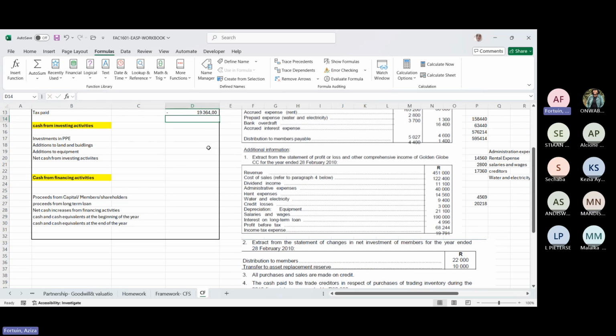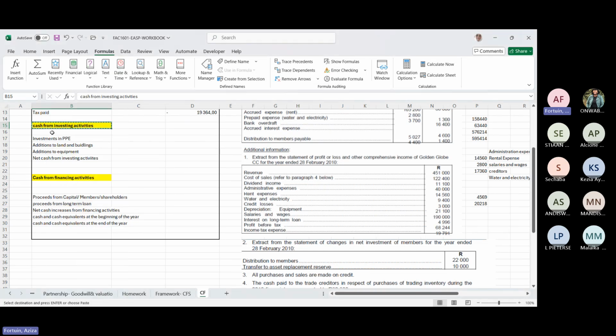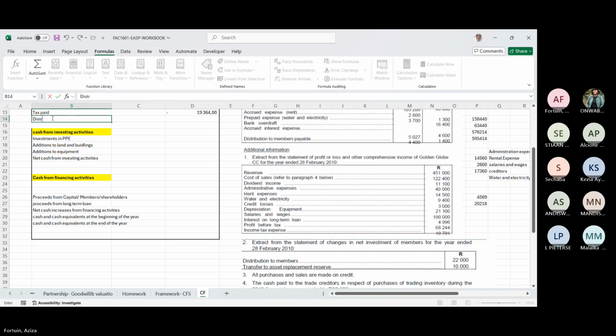Right? And then the distribution to members. Let me just cut this here. Can I have some space? That was 19,000.